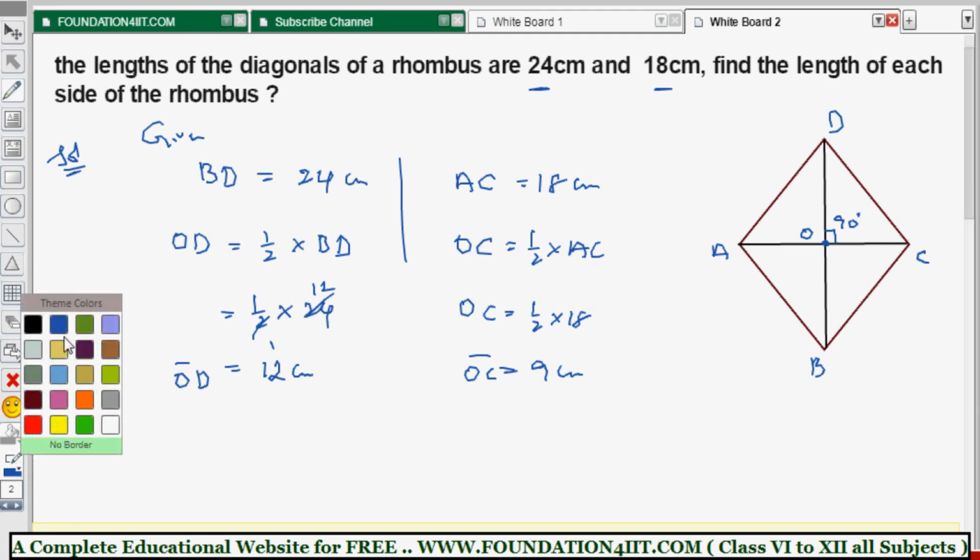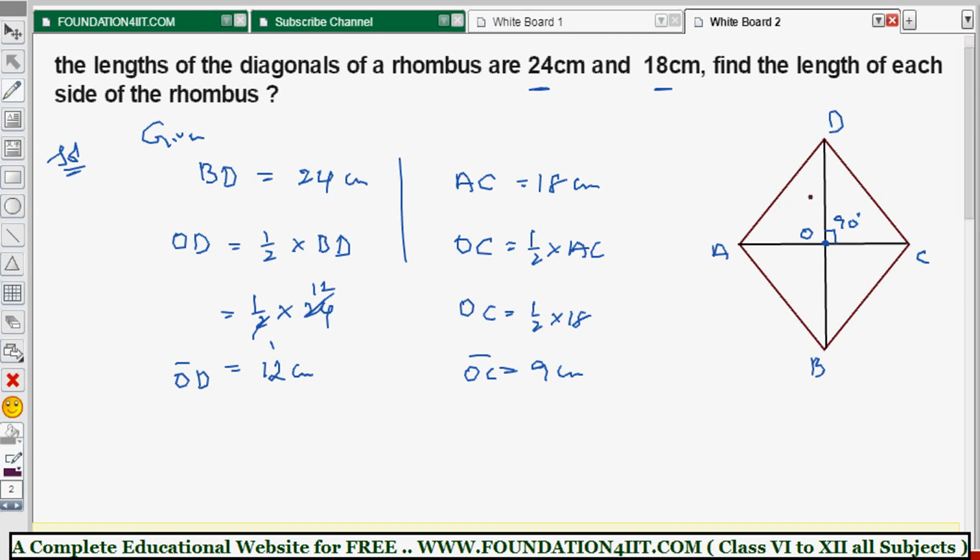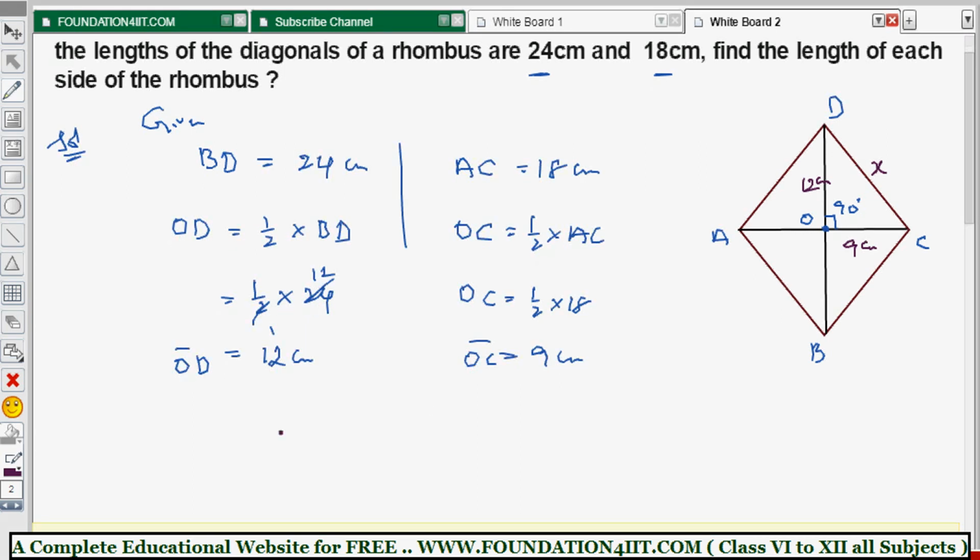Now, if you keep the values here, OD is 12 centimeters and OC is 9 centimeters. Let CD be X. Now this is a right angle triangle. The length of each side of the rhombus is X. In triangle OCD, according to the Pythagoras theorem, the hypotenuse square X square is equal to the sum of the squares of the other two sides, that is 12 square plus 9 square.